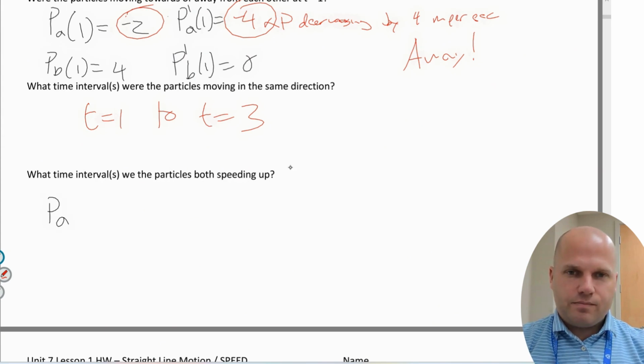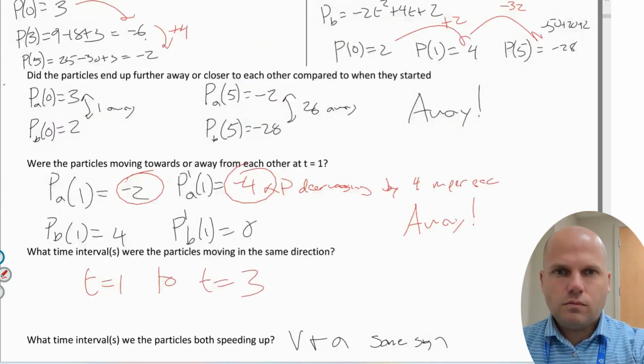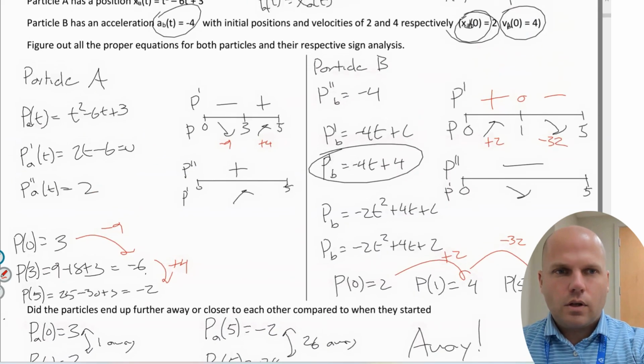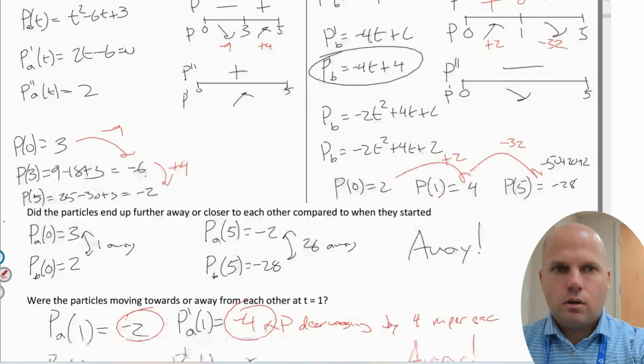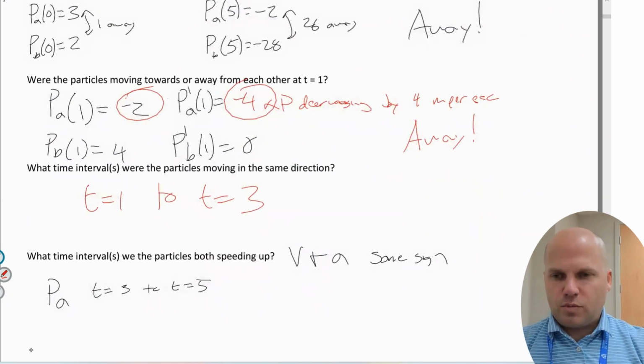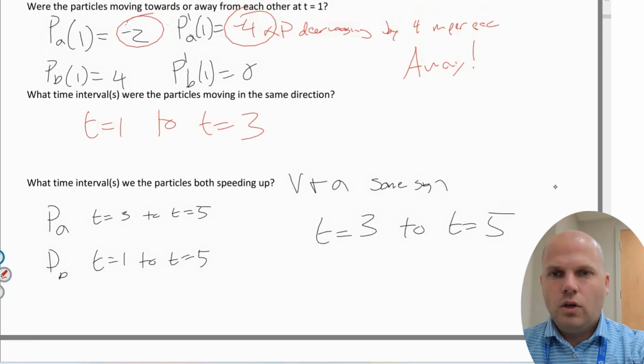V and A have the same sign, or P prime and P double prime have the same sign. Okay. Particle B, 1 to 5. Since particle B speeds up from 1 to 5, that's when V and A have the same sign. Together, we'll have 3 to 5.